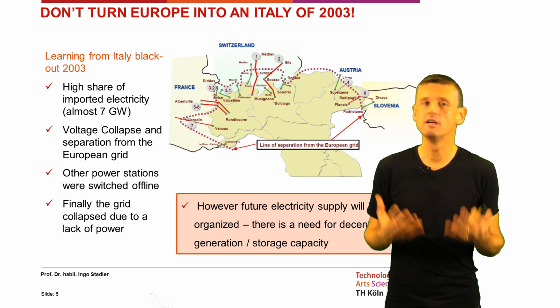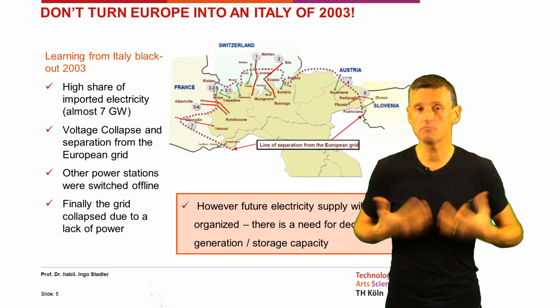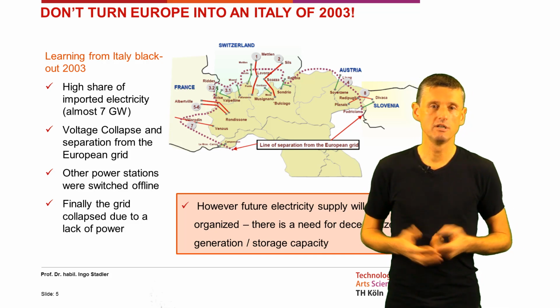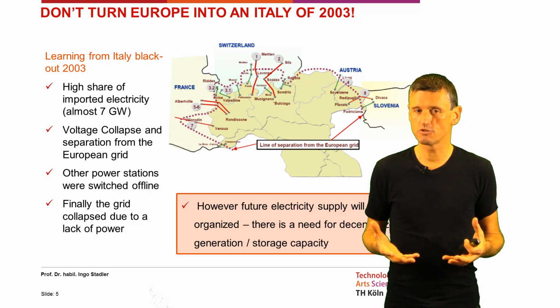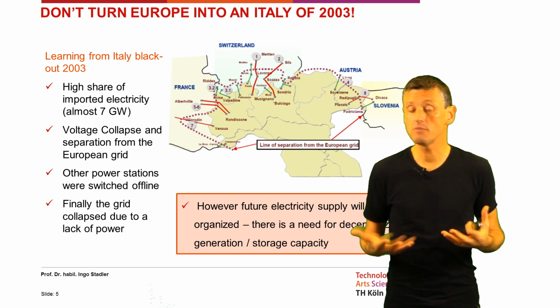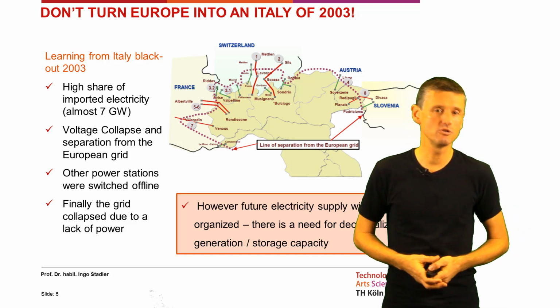So therefore, grids maybe can optimize the power generation and distribution on an economic basis, but it cannot be the only solution.